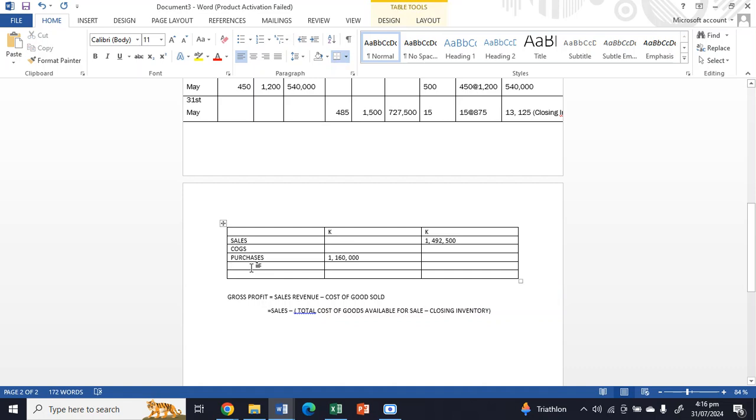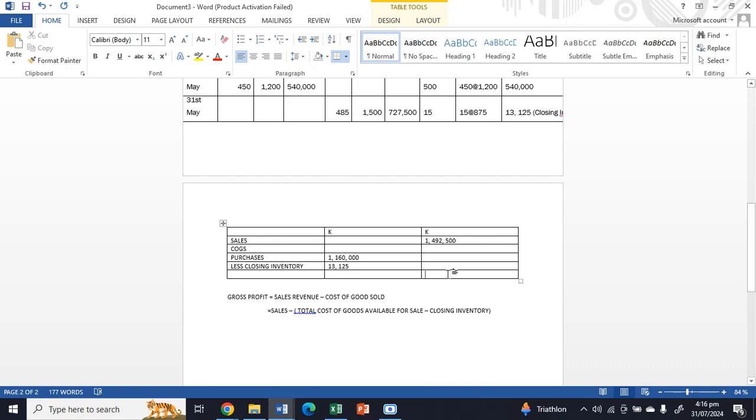Then, in order to get our cost of goods sold, we need to deduct the closing inventory. So say less closing inventory, which is 13,125.